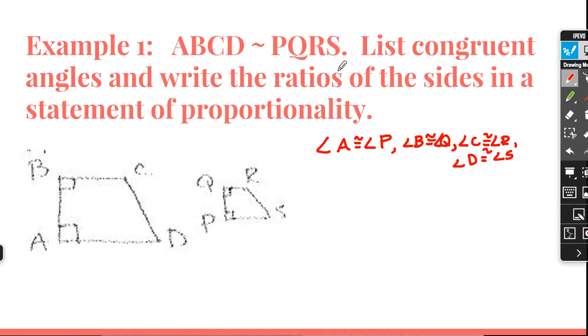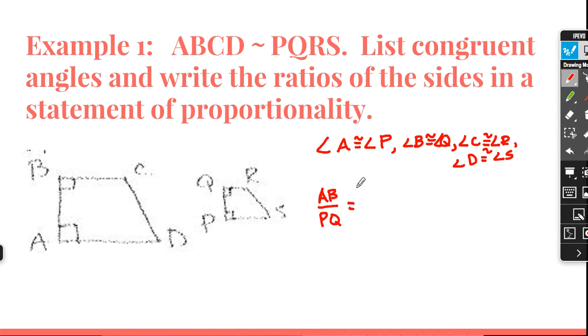The next thing is to write the ratio of the sides in a statement of proportionality. If I want to say AB, we're going to put its corresponding side as part of its ratio. So AB will be proportional to PQ. And that's our first ratio.